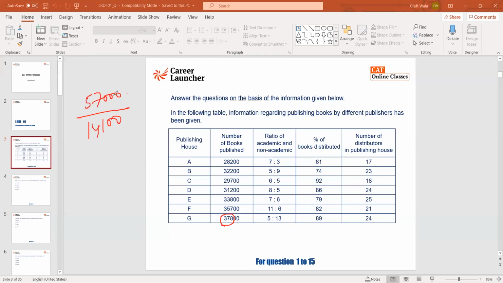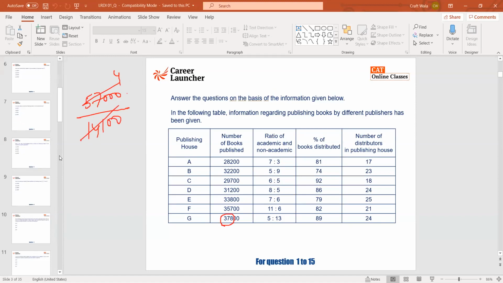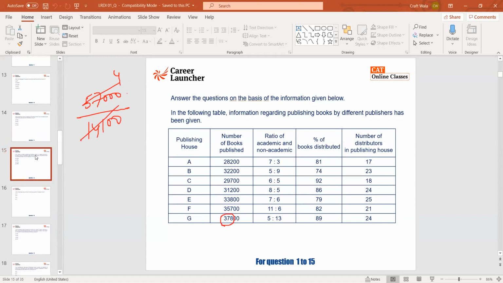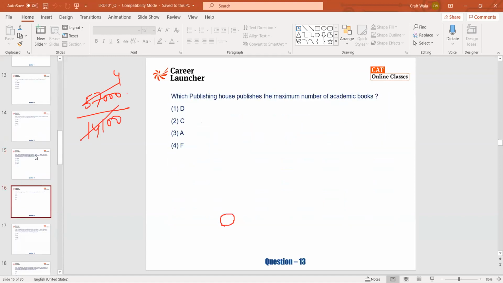So 57,000 and 14,000, this is nearly 4 times. So 400% should be my answer. Yes, answer option first one, 402. Correct. Right. So that would be our answer for this. 402%.